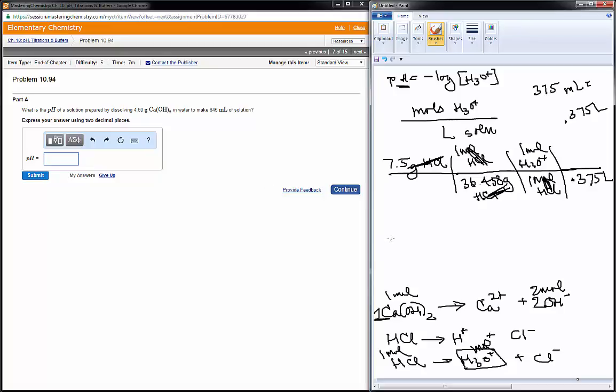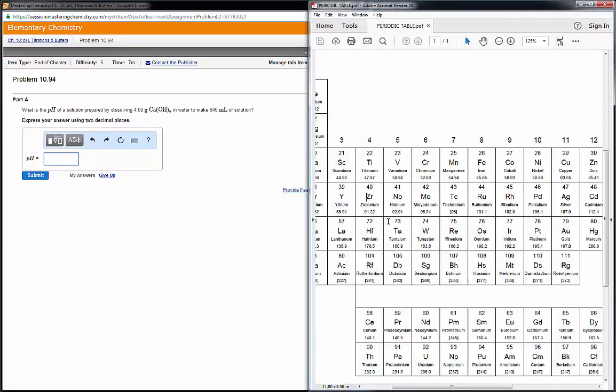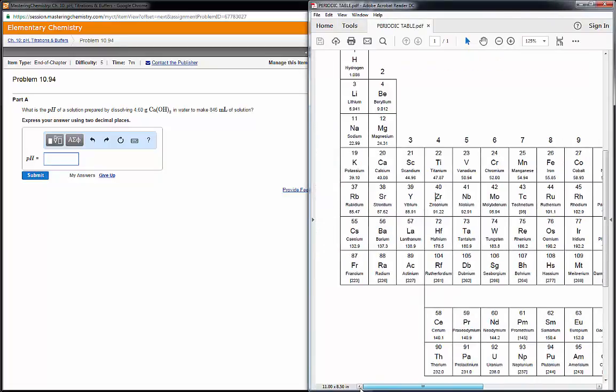So if I start with 4.6 grams calcium hydroxide, and 1 mole calcium hydroxide contains how many grams? I'm going to need a periodic table for this one. Here we go. If I zoom in, calcium is 40.08.